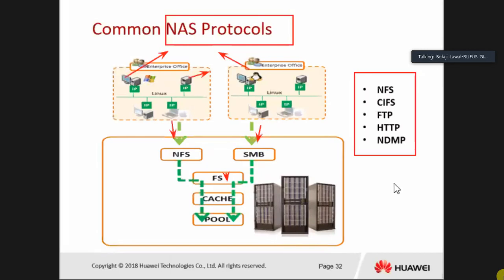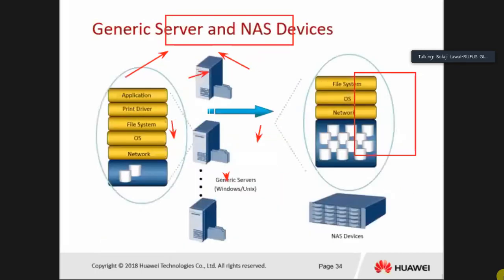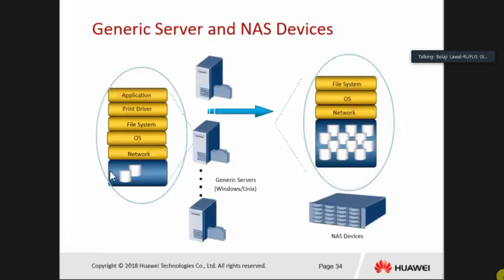So let's look at generic server and NAS device. This is the OSI layer for NAS devices. You can see application, print driver, print system, operating system, network. This is the file server here, generic server, Windows or Unix.